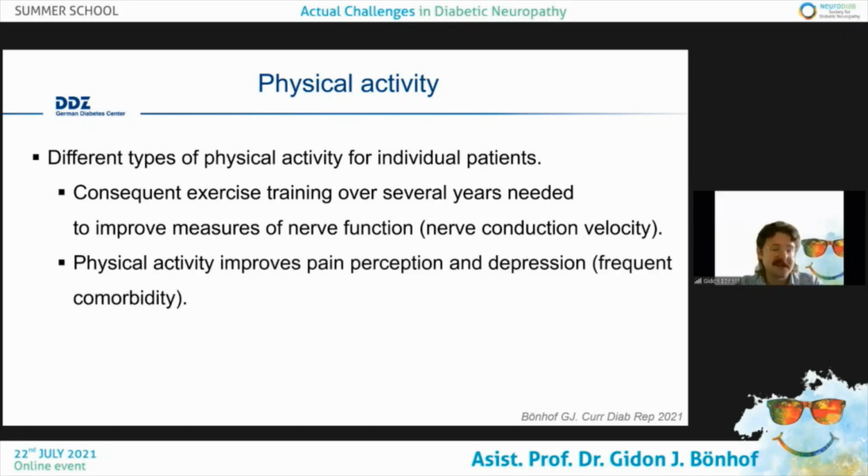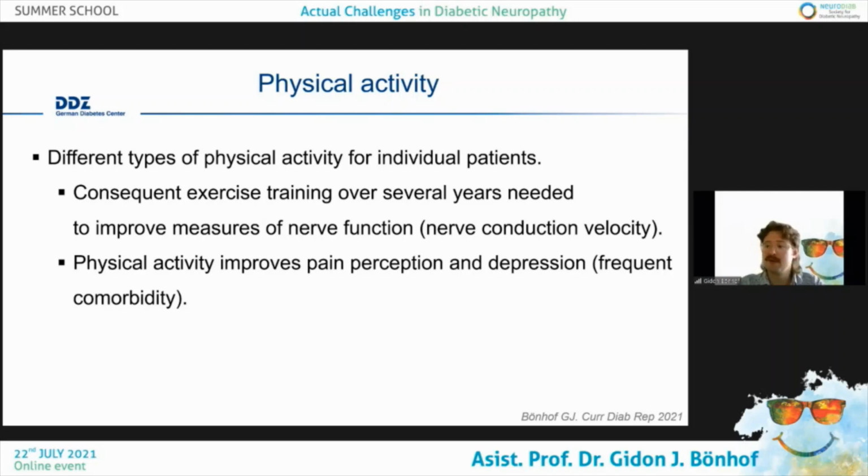But there are other effects of exercise too. Physical activity improves depression, improves quality of life, and also improves pain perception. There are studies that show that more physical activity does not initially improve nerve fiber function, but improves pain perception. This is really important because pain perception can be modified, and this is important against the chronification of neuropathic pain.